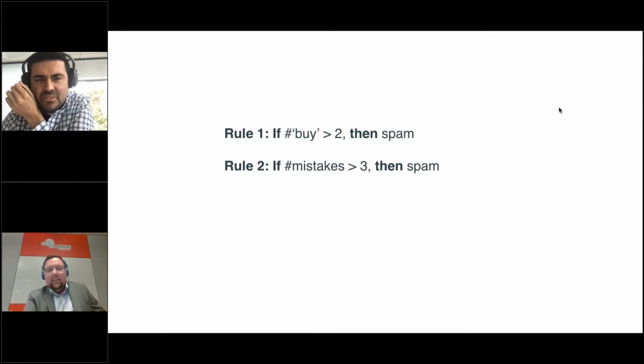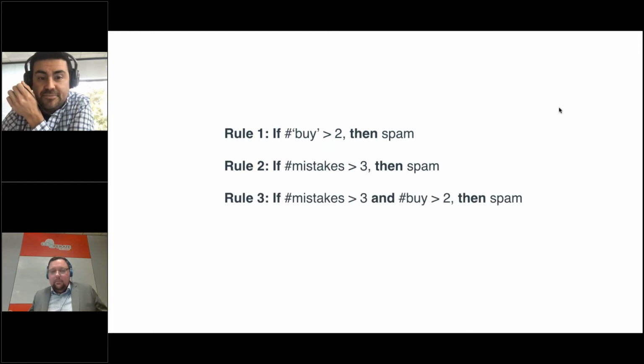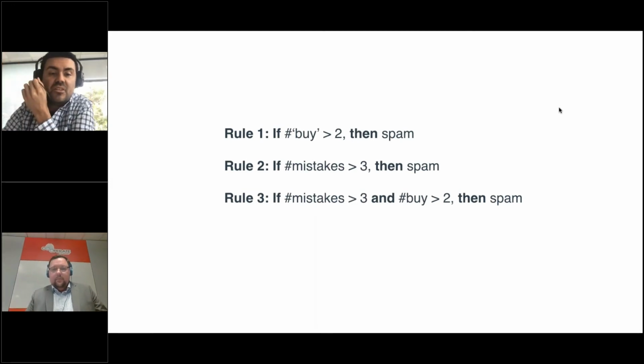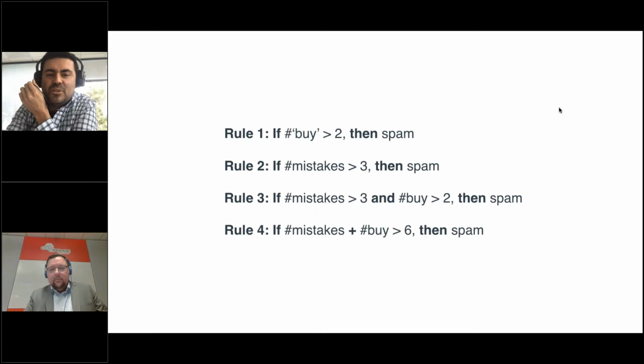Maybe we can do the simplest thing and say, if you have more mistakes than this many, and the number of times the word buy appears is bigger than something, then it's spam. Otherwise, it's not. Like combining them using and operators, or operators, just logical operators. That's completely doable. Another one would be to just add them, right? Add the number of times the word buy appears and the number of spelling mistakes, and that could do it, right?